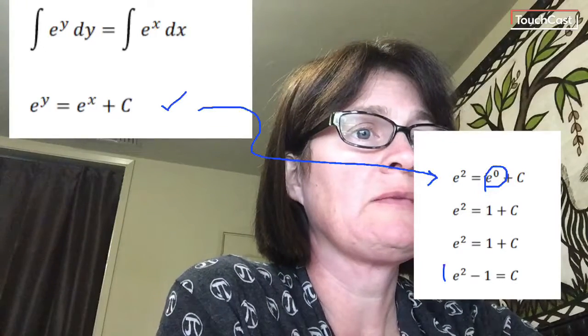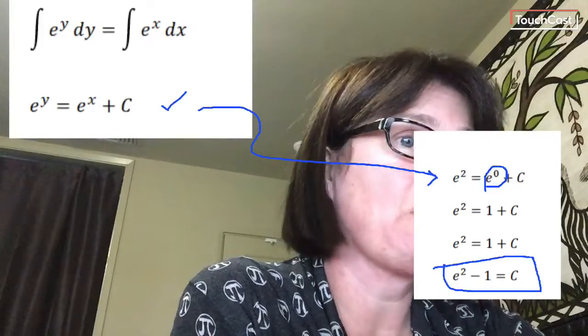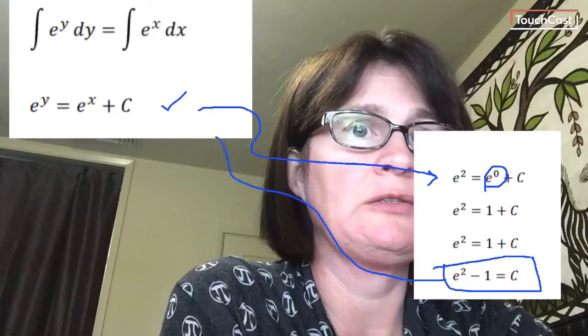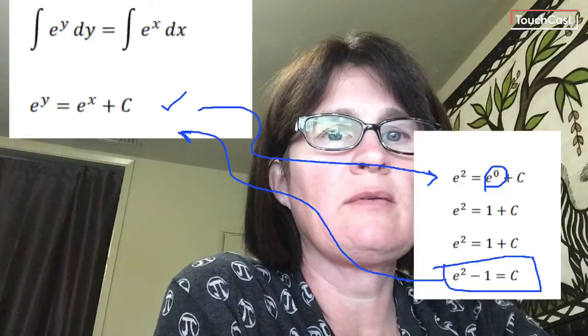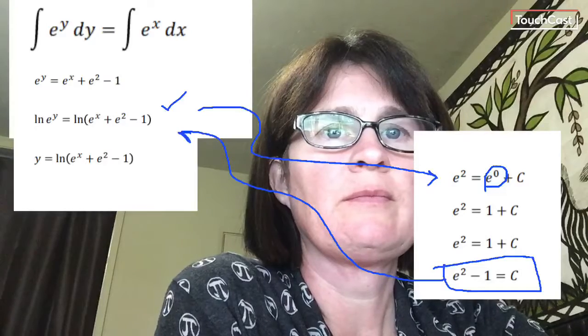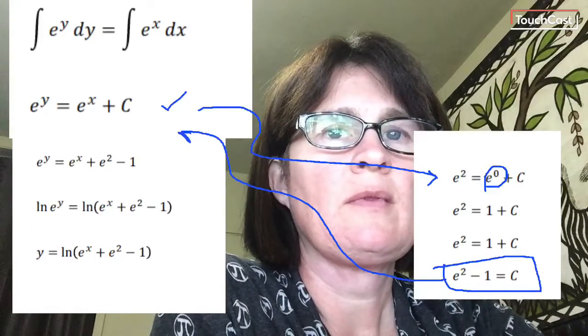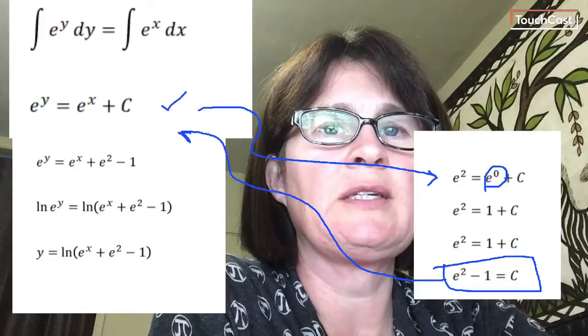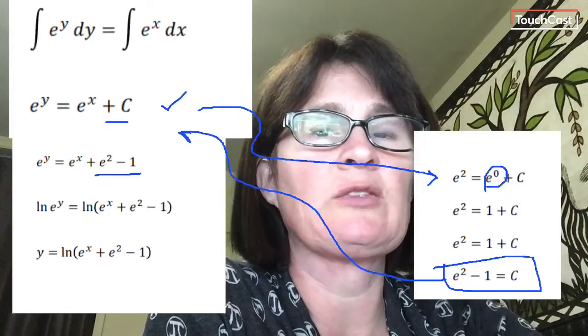And I get c is equal to e squared minus 1. I'm going to import this back into that equation. So now you can see this plus c I've replaced with e squared minus 1.